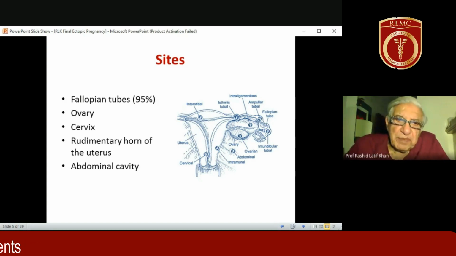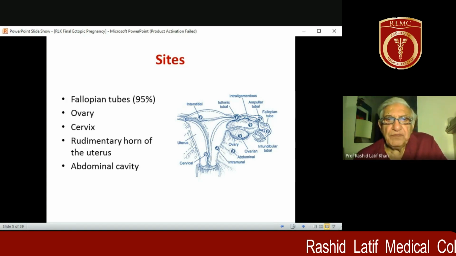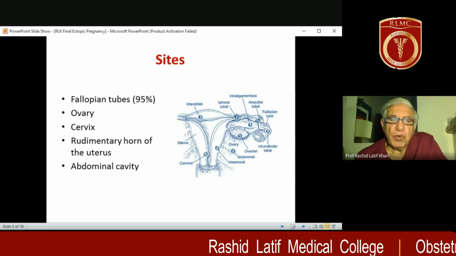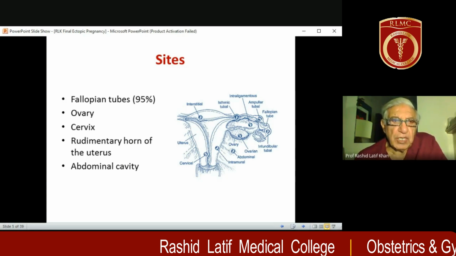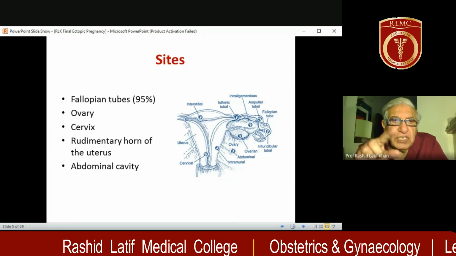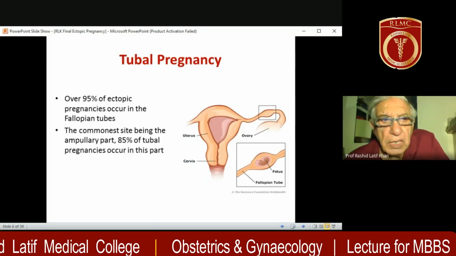But sometimes the fertilized egg is implanted in the fallopian tube, the tube ruptures or opens up, and the placenta remains in the fallopian tube, but the baby starts growing in the peritoneal cavity. That will be called secondary abdominal pregnancy. So these are the various sites of ectopic pregnancy.